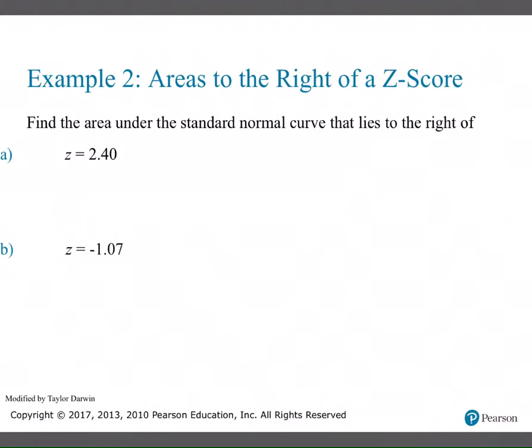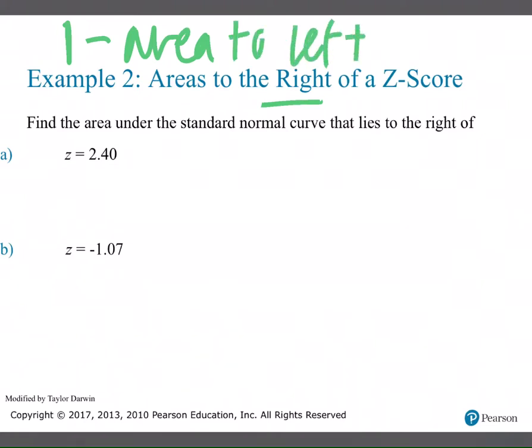You can find the area to the right, which is the other side of the left. Since the area adds up to 1, to find the area to the right, you do 1 minus the area to the left. So I'm going to do the same thing, except what I get for my answer previously, I'm going to subtract from 1.